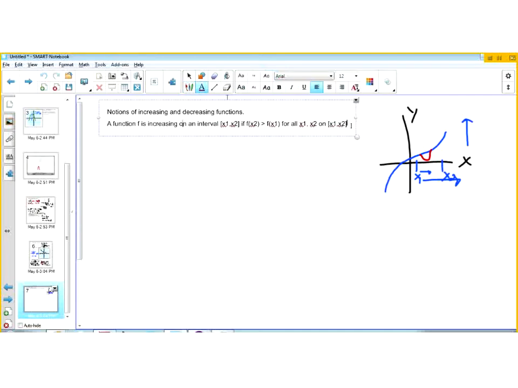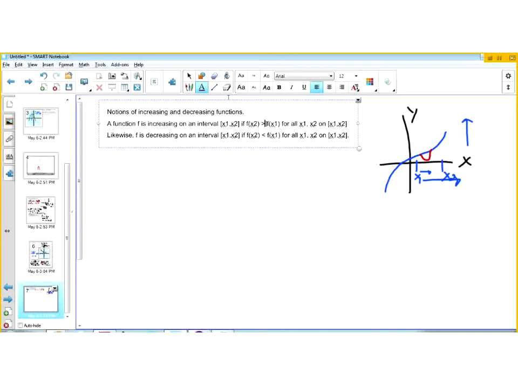So with that in mind, we also have the notion of a decreasing function. Likewise, f is decreasing on an interval x1, x2, on the closed interval x1, x2, if f of x2 is less than f of x1 for all x1, x2 on the closed interval x1, x2.